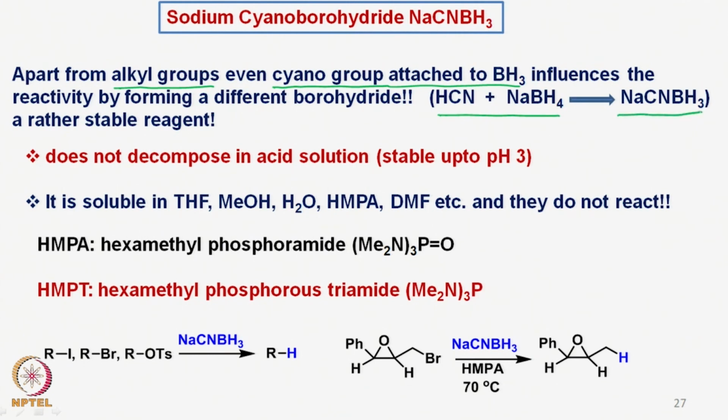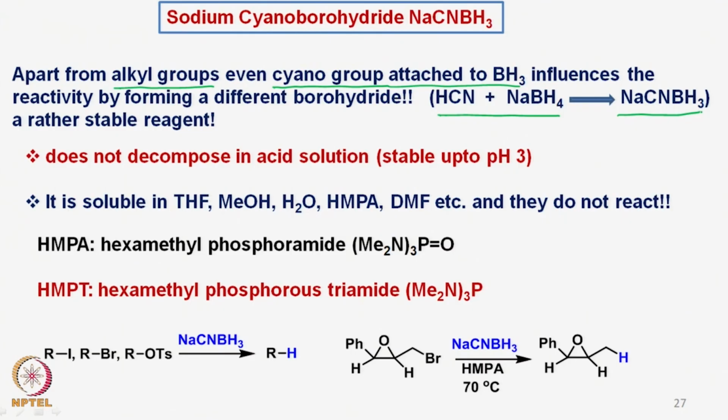So, what is the purpose of such a reagent? That is something that we need to understand. Sodium borohydride is obviously the simplest reducing agent, and it reacts with carbonyl compounds readily because it is ionic, and in methanolic or ethanolic solutions it reacts.